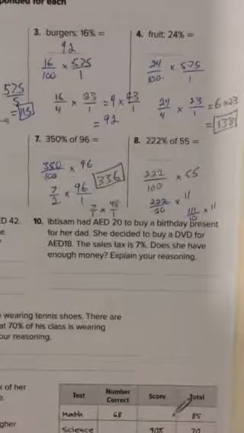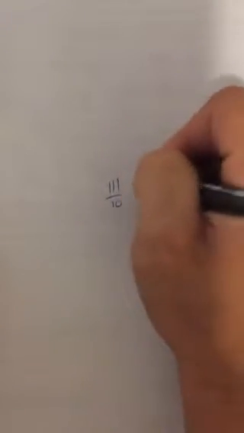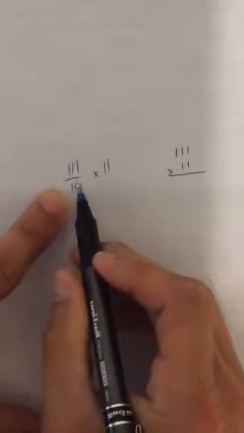So here's how I'm going to end this video. I'm going to multiply it out over here. So 111 divided by 10. So if I'm actually going to do this, I need to do 111 times 11. And remember that all this is still going to be divided by 10. So 1 times 1.